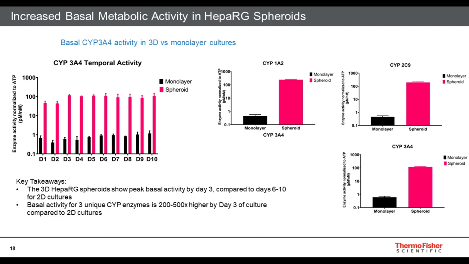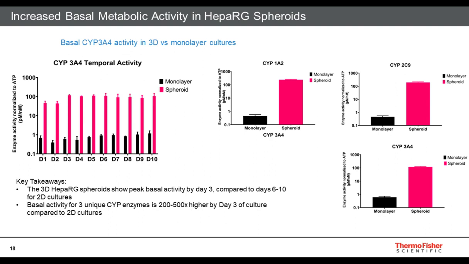So moving on, I characterized the 3D protocol based on a 10-day time course of enzyme activity in the cells. This was also how the 2D protocol was established. This left graph, you can see it's comparing the basal CYP3A4 activity over a 10-day time course of 3D spheroids versus 2D monolayers.